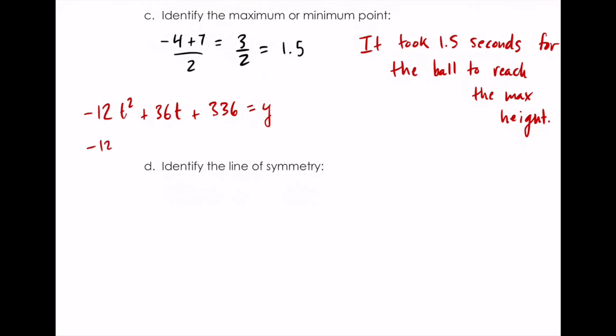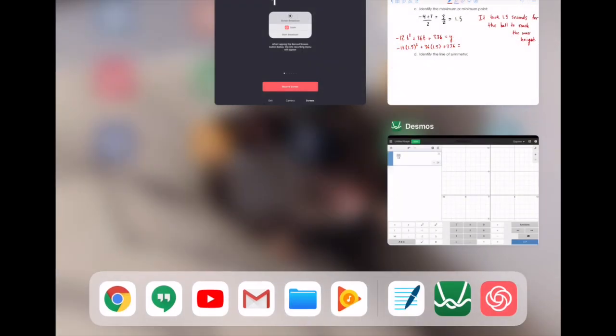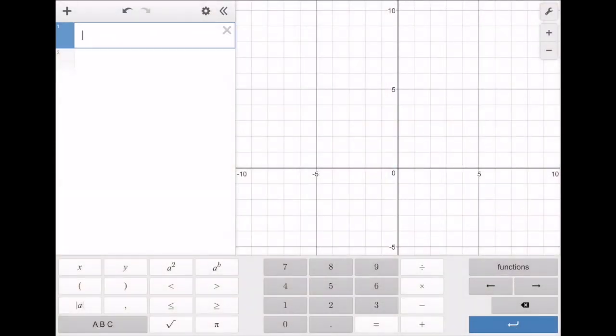So negative 12 times 1.5 squared plus 36 times 1.5 plus 336. We can go ahead and plug all of that into a calculator. Let's go to Desmos. Negative 12 times 1.5 squared.